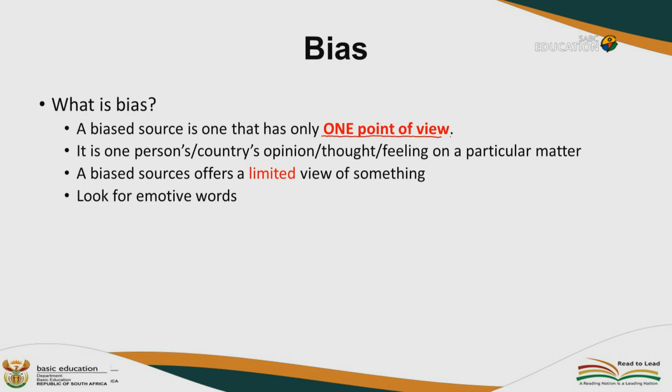Then that particular source is biased because it looks at a particular view. So it is one person or country's opinion on a particular matter. A biased source is also a limited view. It is limited because it focuses on a particular thing. It is not broad or versatile. So it looks at a particular concept or ideology, and in that case, we call that source biased.